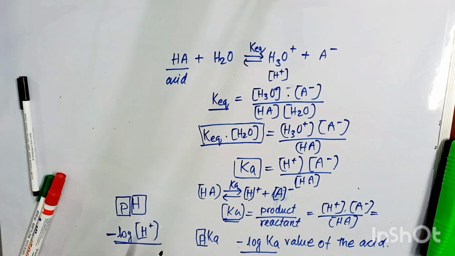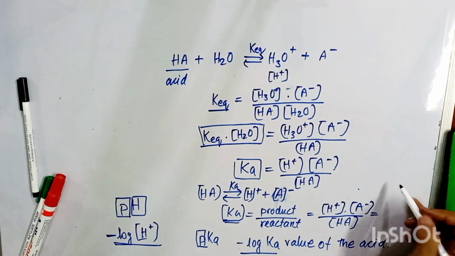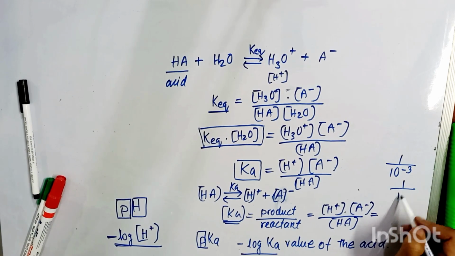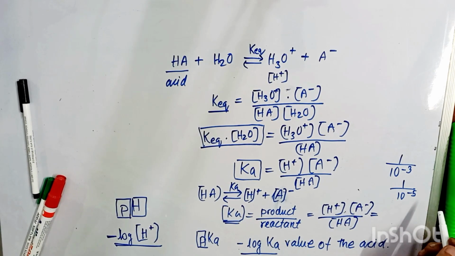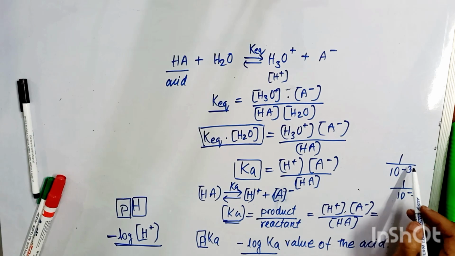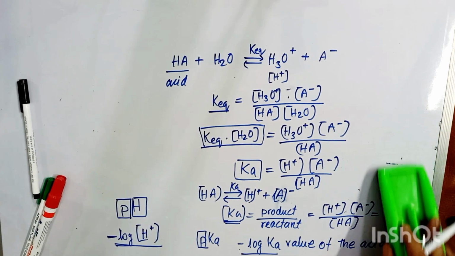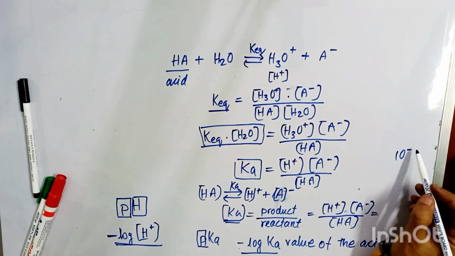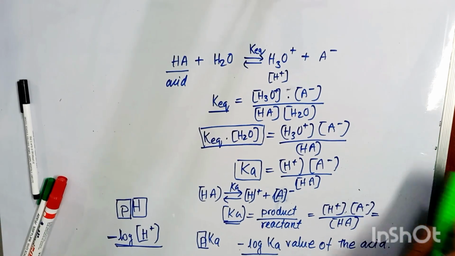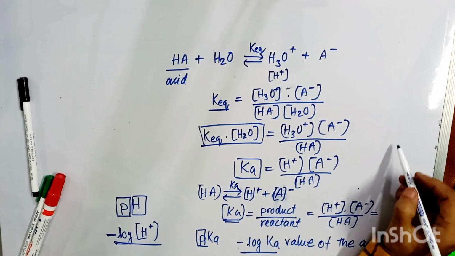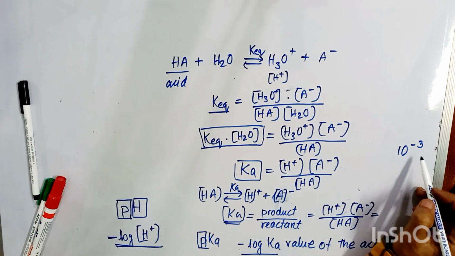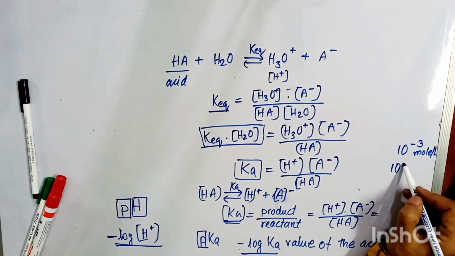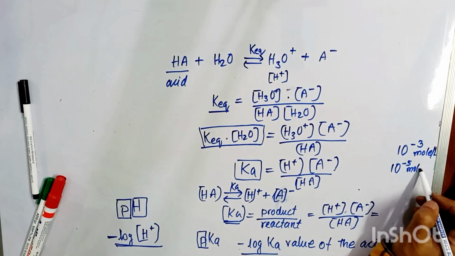So which is higher, 10 to the power minus 3 moles per liter or 10 to the power minus 5 moles per liter?